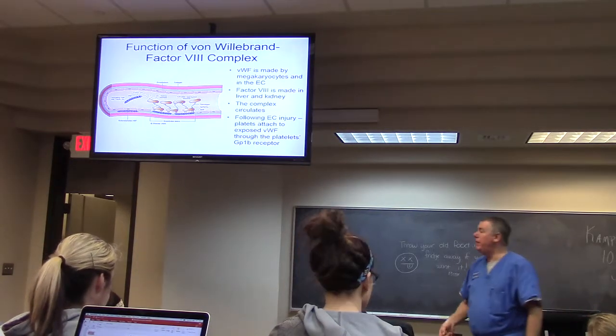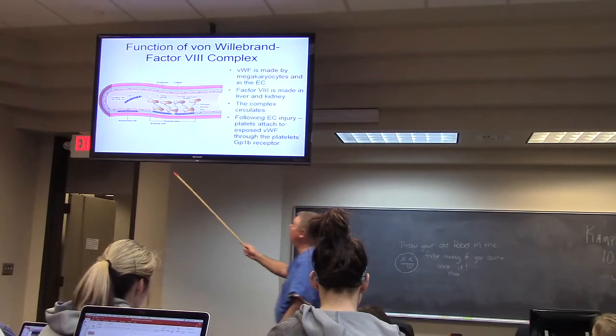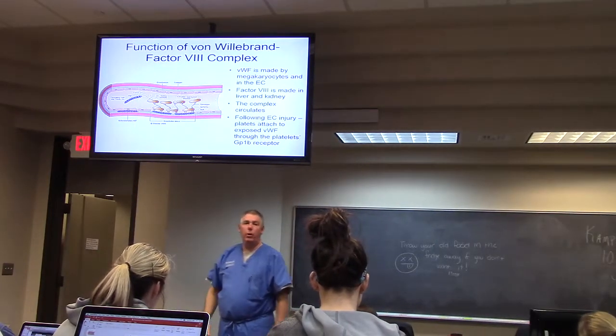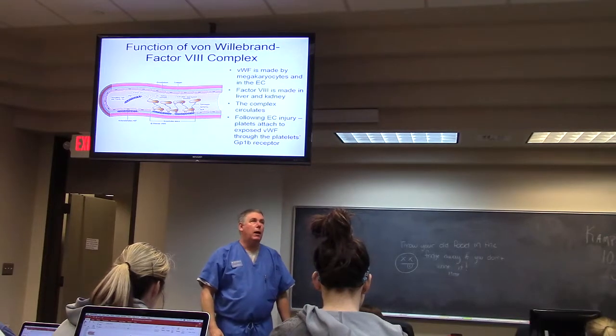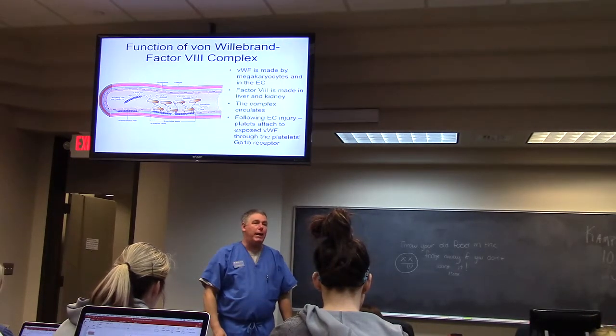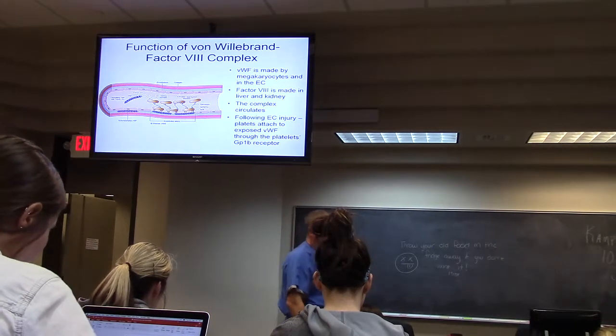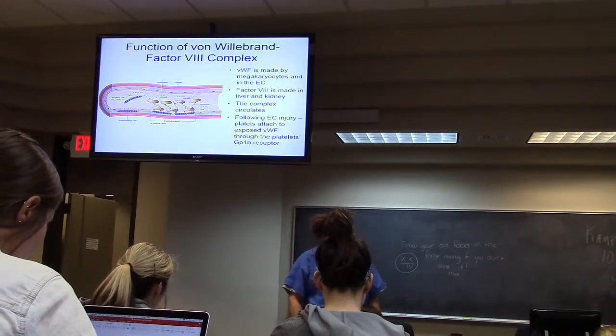You also need to know that von Willebrand factor is an intravascular protein that circulates along with factor VIII. Factor VIII is involved in the clotting cascade we'll talk about in just a little bit.